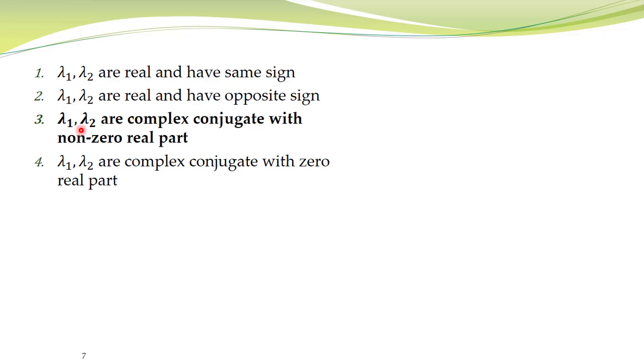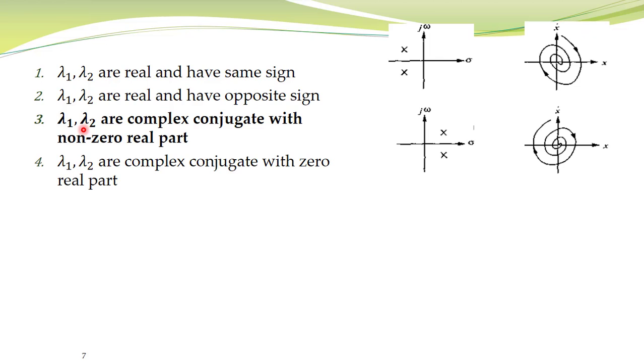If the real part of the eigenvalues is negative, then the response will be decaying oscillations. If this is the situation, then this will be the shape of the phase portrait.